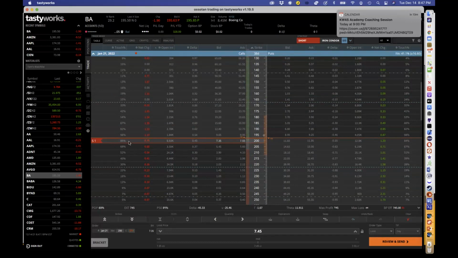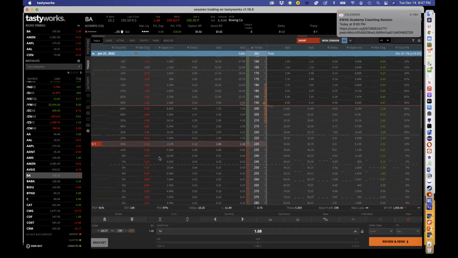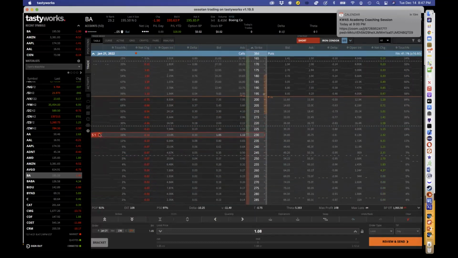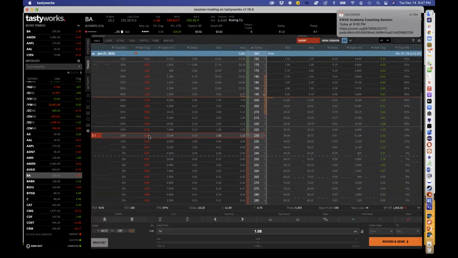I can sell a covered call, which is covered by the stock. That's why it's called a covered call. If I have 100 shares of Boeing in my account, I can sell a contract on Boeing because that contract is covered, collateralized in my account by the shares I own.